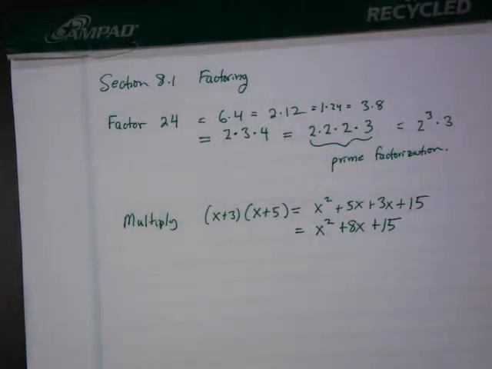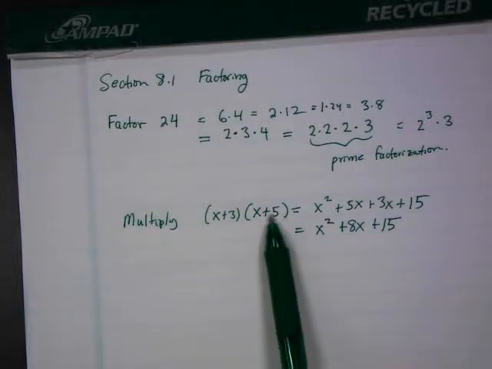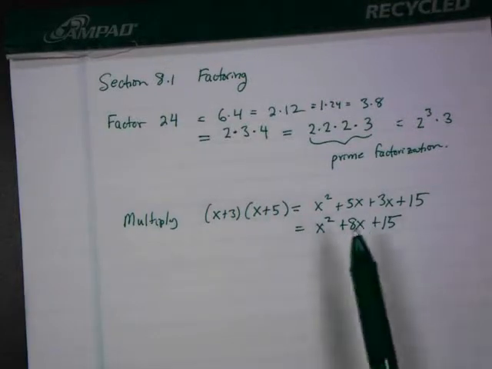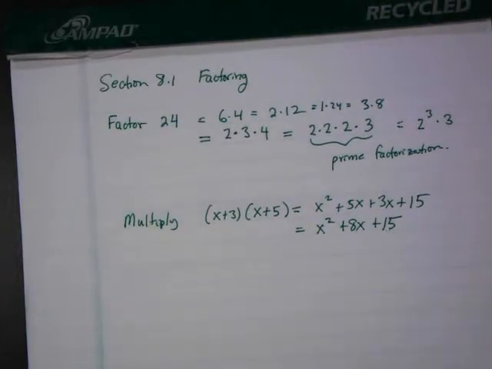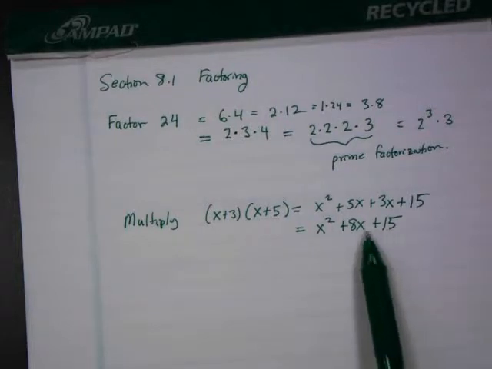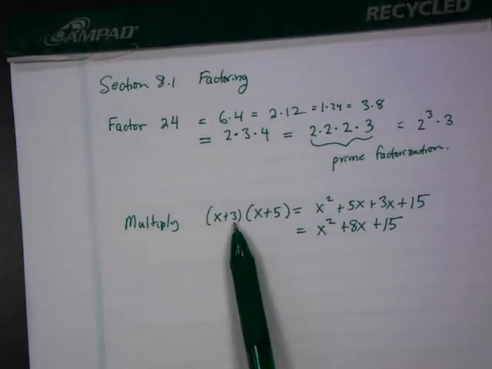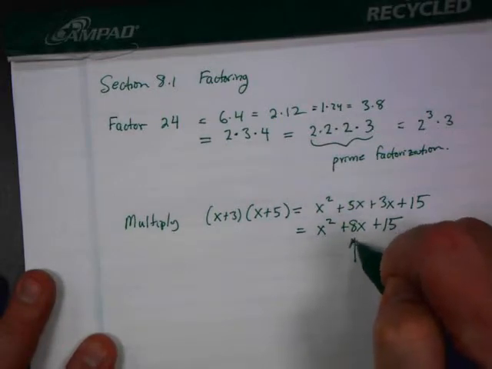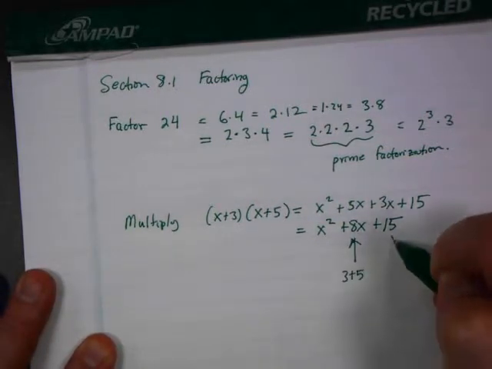Now, what I want you to notice is the numbers we started with. We started with a 3 and a 5 as our numbers. And when we did our multiplying, we ended up with the number 8 and the number 15. How are 8 and 15 related to the numbers we started with, 3 and 5? This number 8 right here is 3 plus 5.